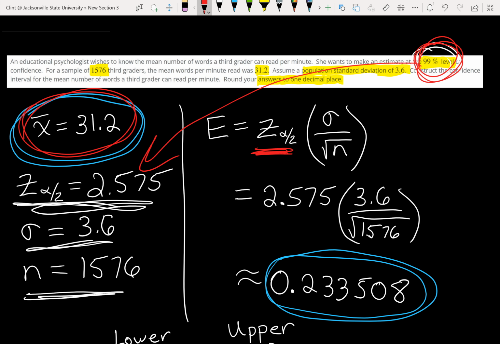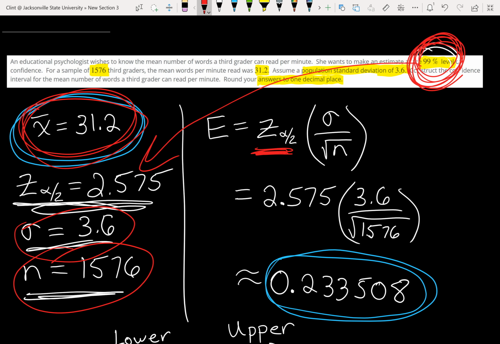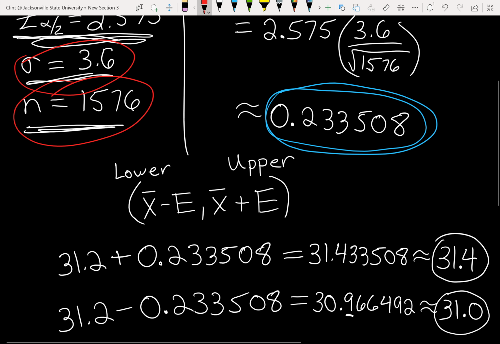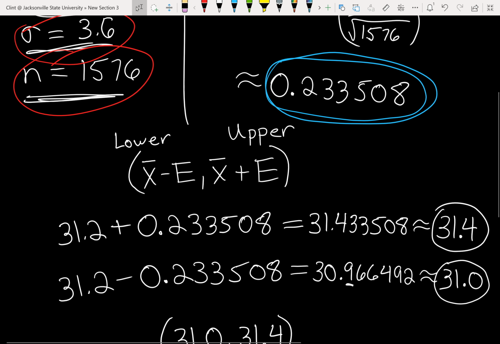Okay, so the sample mean, population standard deviation, and sample size all come from the data. The critical value of Z comes from the confidence level. Then we plug into the formula to get our margin of error. And then we take our sample mean and we add and subtract the margin of error to get our upper and lower endpoint. Okay, so the numbers change, but the process will be the same.